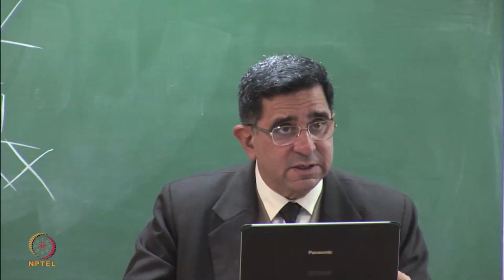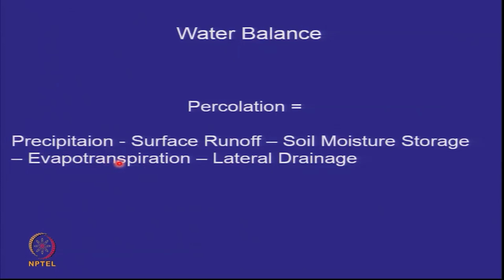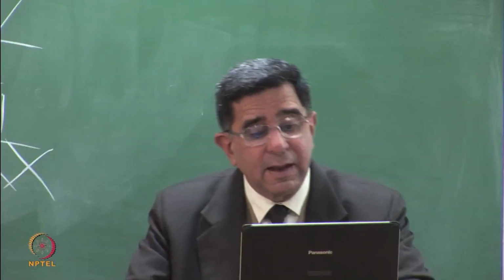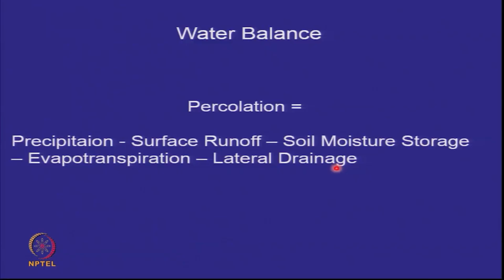Beyond the field capacity it will come down. And evapotranspiration is also something which makes the water go back, because now you are having vegetative growth at the top. And then finally lateral drainage. So after all this is removed, do you get percolation below the barrier there?